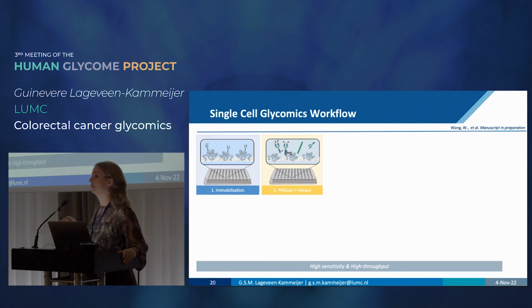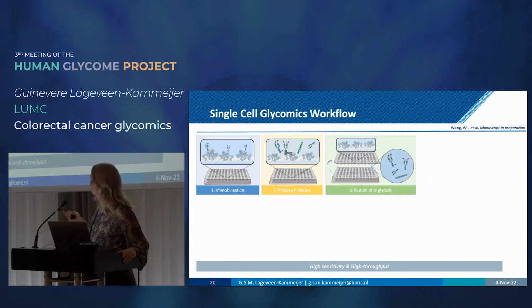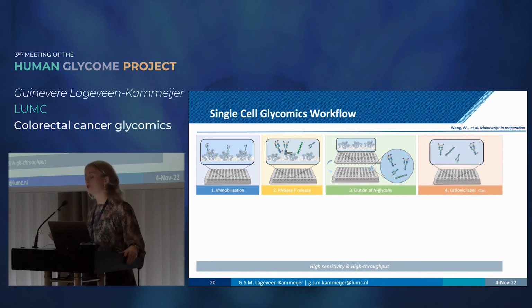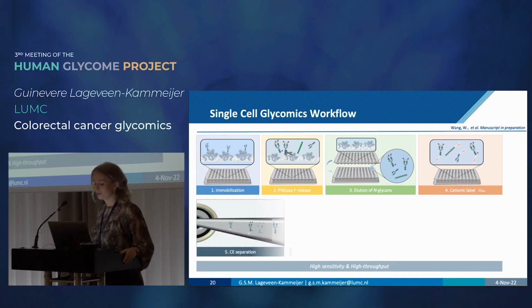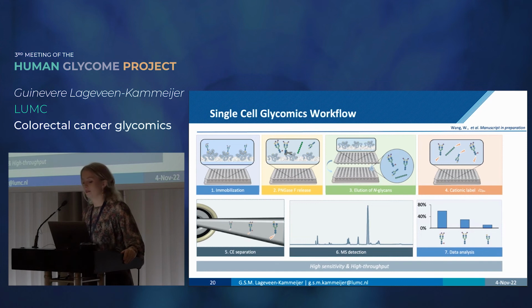We add an internal standard to also monitor how sensitive we are. And then we elute our N-glycans. In this case, we moved to a different separation platform, capillary electrophoresis. We wanted to measure in normal polarity, so we needed to introduce a cationic label. And then we used CE-MS to separate our glycans and to detect them.